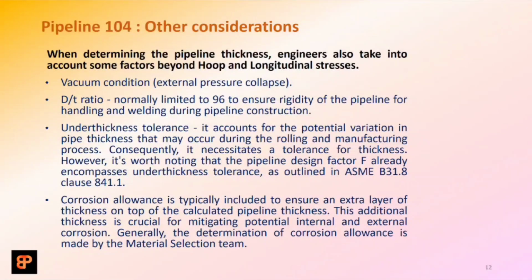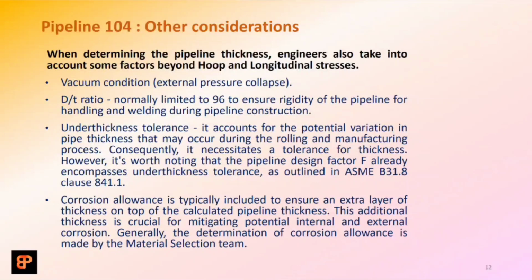And last but not the least is corrosion allowance, which is typically included to ensure extra layer of thickness, because the service fluid may have a corrosive effect on the selected pipe material, and it may corrode the pipe during the design life.